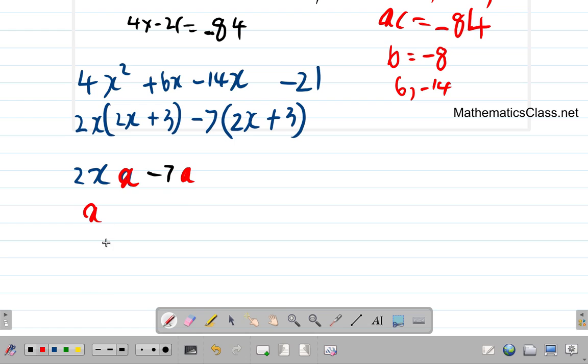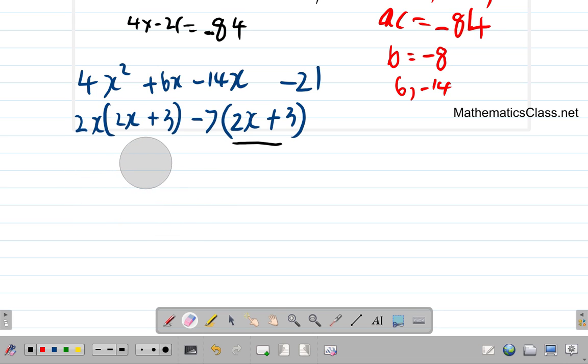Or to put a outside a bracket, inside the bracket we have 2x minus 7. A into 2x a goes 2x. A into 7a goes 7. In other words, a times 2x gives you 2x times a. A times negative 7 gives you negative 7 times a. You see that? We're going to do the same thing with the 2x plus 3. What we did with the a, we're going to do it with the 2x plus 3.